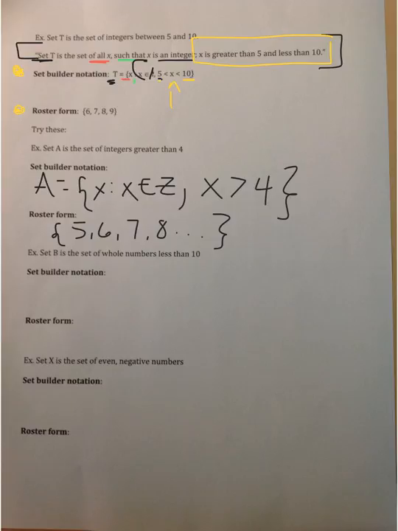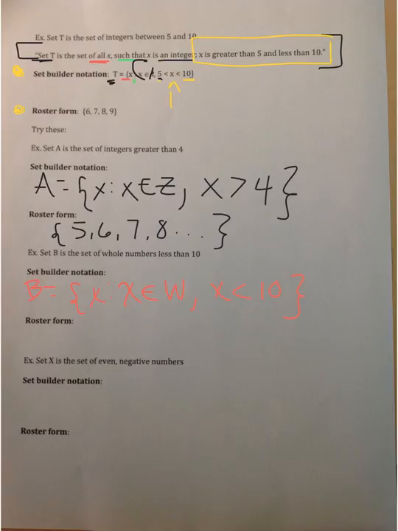Let's take a look at the next example. Set B is the set of whole numbers less than 10. So we have braces, X such that X is an element of whole numbers, X is less than 10.